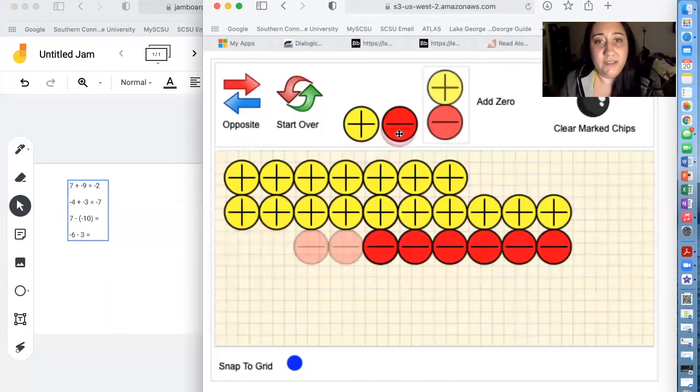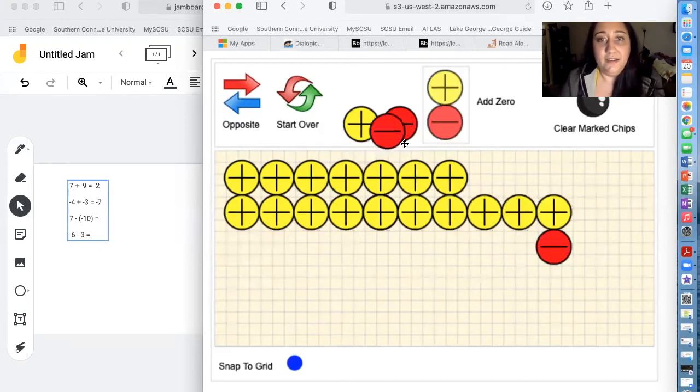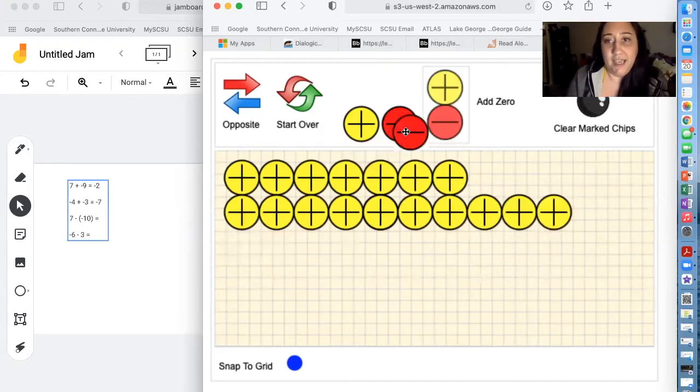So that's 1, 2, 3, 4, 5, 6, 7, 8, 9, and 10. All right, so I had our 7, I subtracted the negative 10.